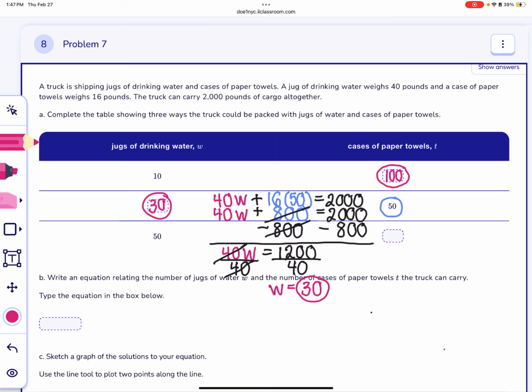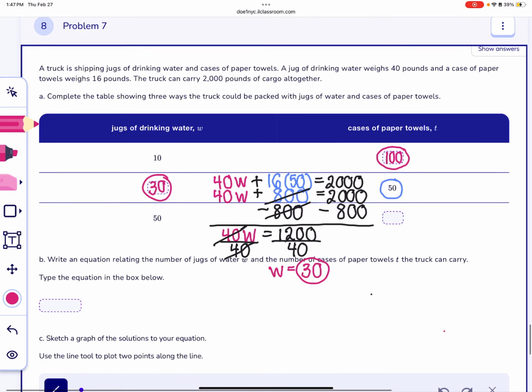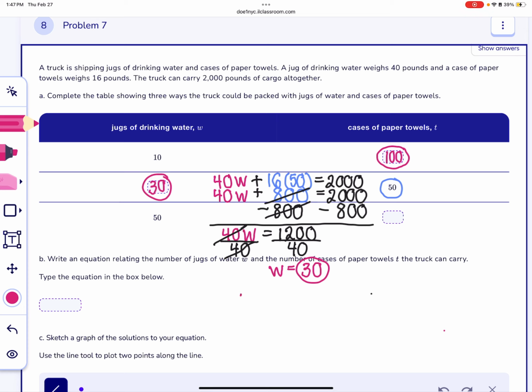And for our final row, we're going to plug in a W value of 50, similar to our first row, and we're going to add that with 16T because we don't know what T is equal to, so we're going to find out that value by isolating that variable.